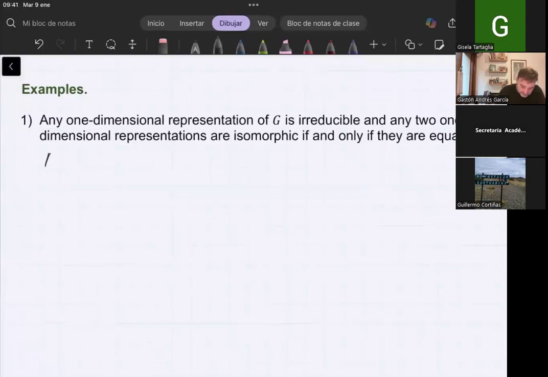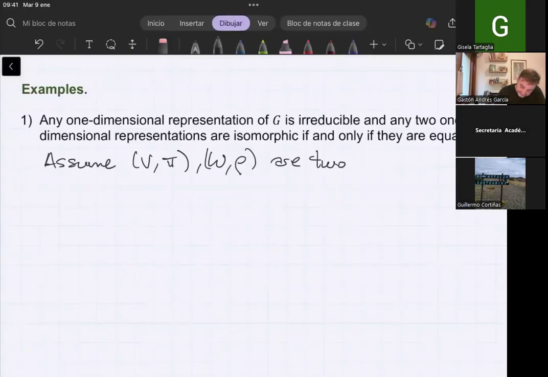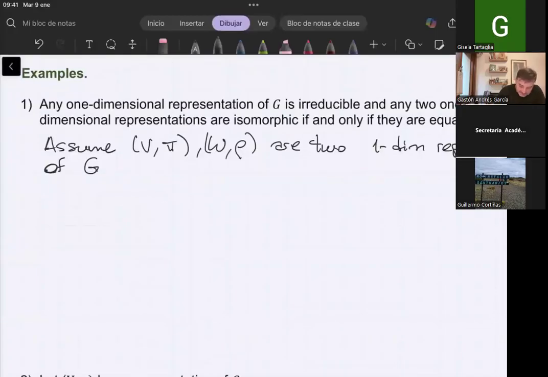Suppose we have two one-dimensional representations of a compact group G, and suppose that T is an intertwiner.